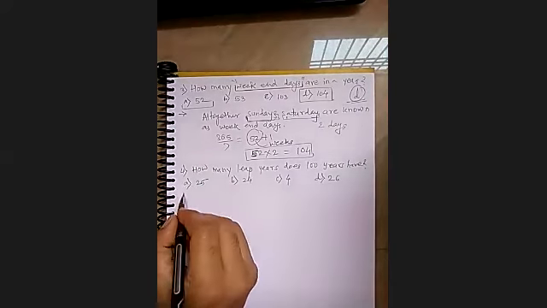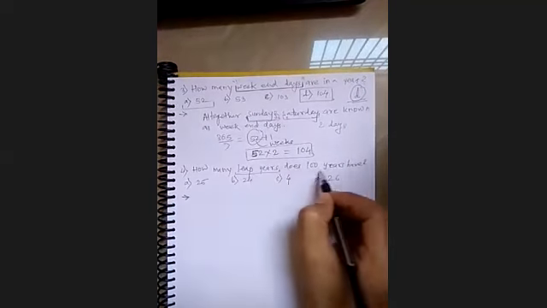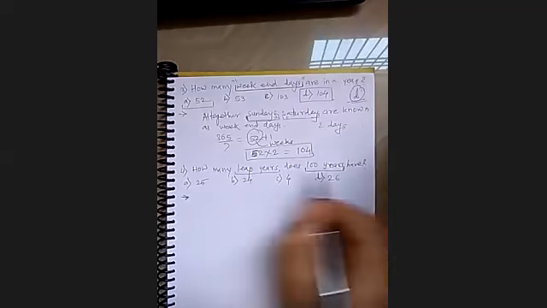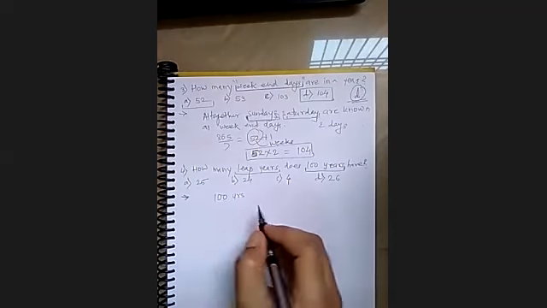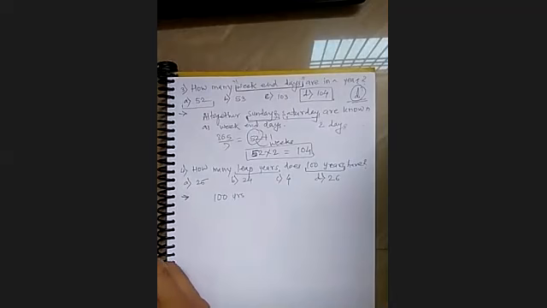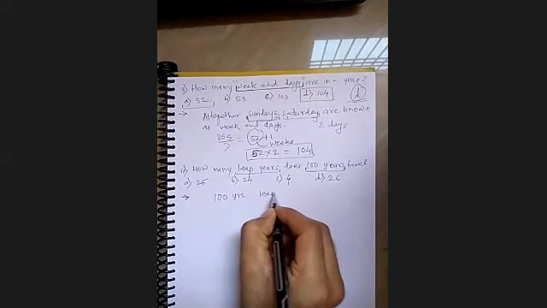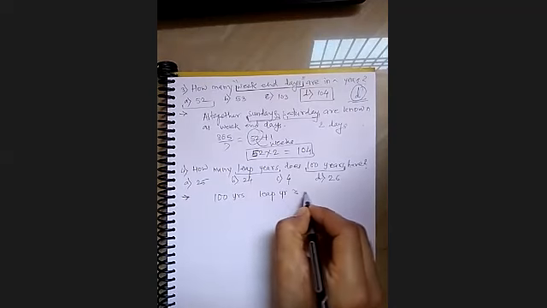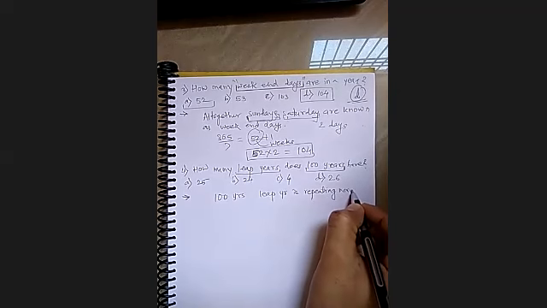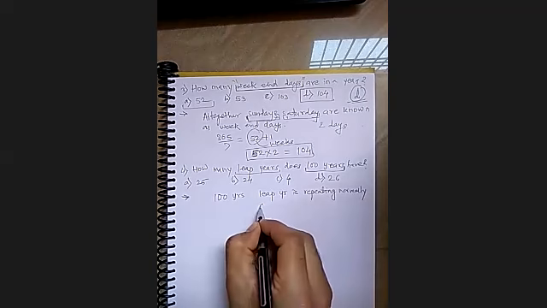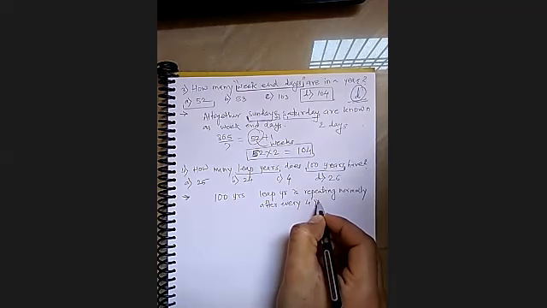Okay, so let's go through this. How many leap years in 100 years? Fine, so you have a total of 100 years. Yes, Samin is also writing the logic. So a leap year is normally repeating after every 4 years.